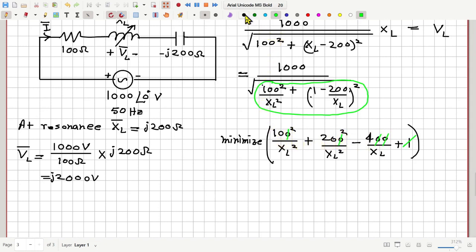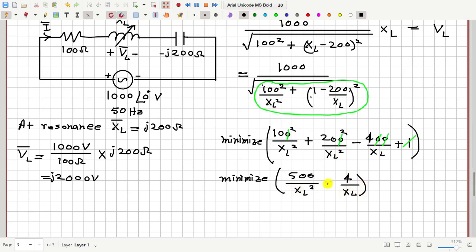Therefore this will be equivalent to minimizing 100 plus 400, 500 divided by XL squared minus 4 by XL.